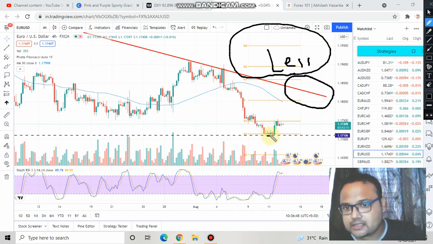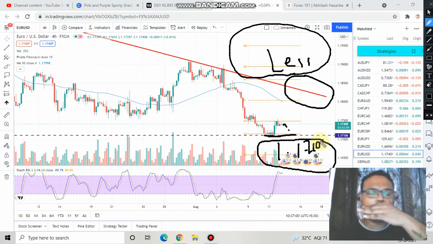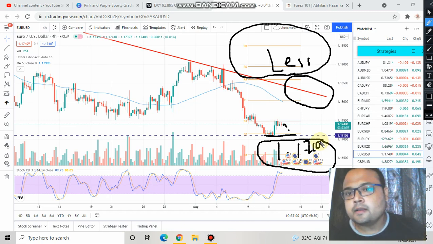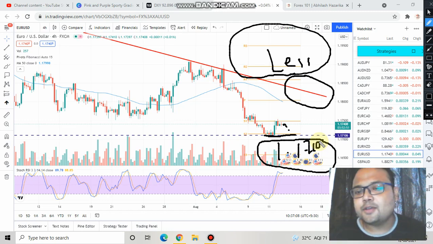Apart from that, if it starts coming down, Euro USD starts falling, again you'll get a buying opportunity at 1.1710 if you see the market trying to bounce, because this level belongs to the weekly chart. Therefore, there is a good possibility that the market will give a tough fight to bounce from here.